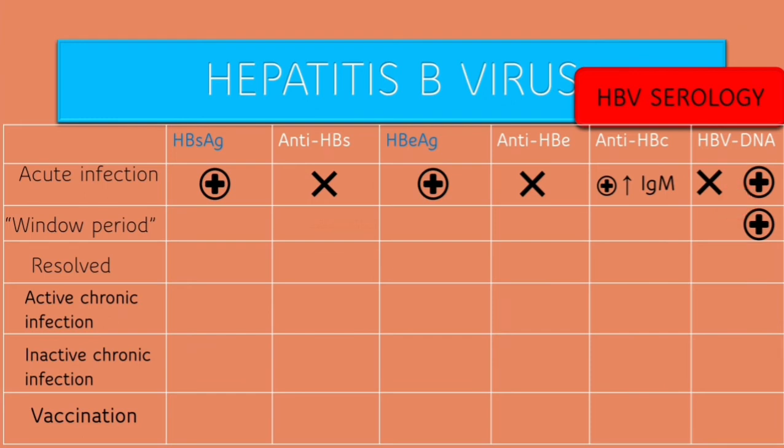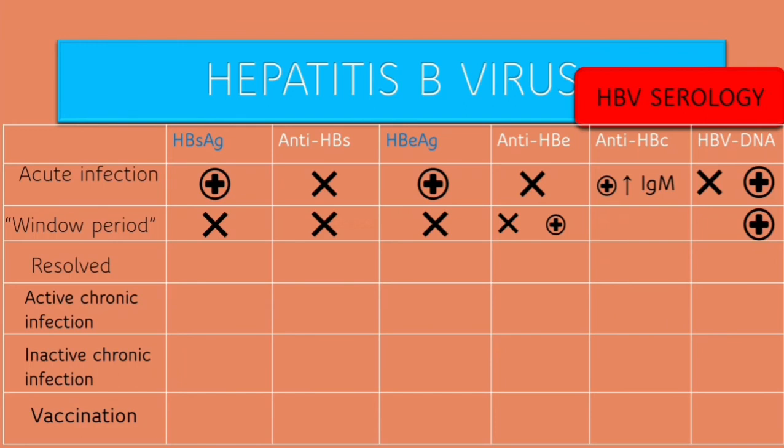Then the next phase is the window period. In the window period, you won't see the HBV surface antigen, and you won't see the antibodies against it. The envelope antigen will not be there, and for the antibodies against it, at first you might not see any, but later on you begin to see them.